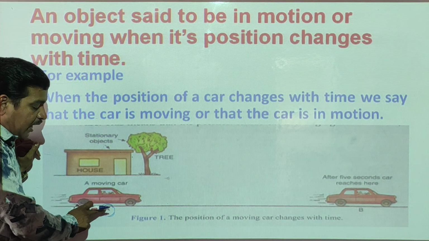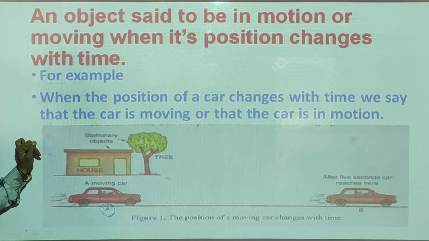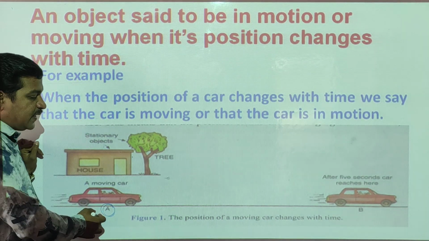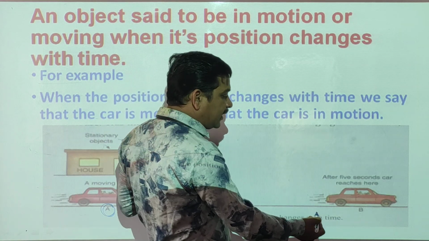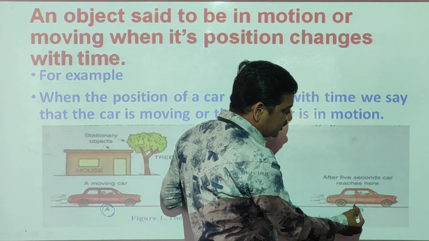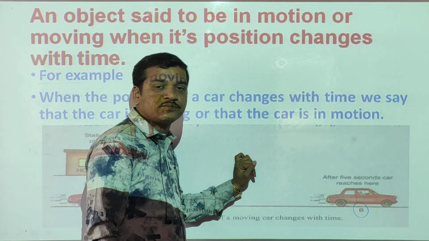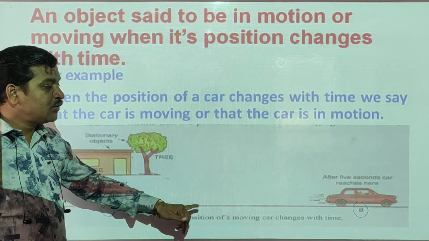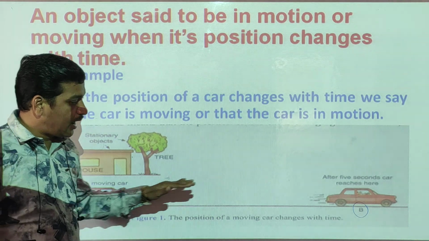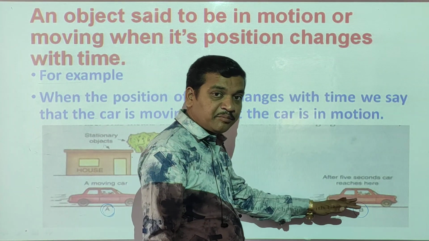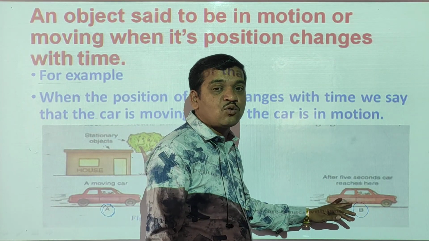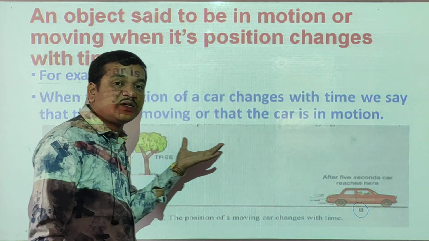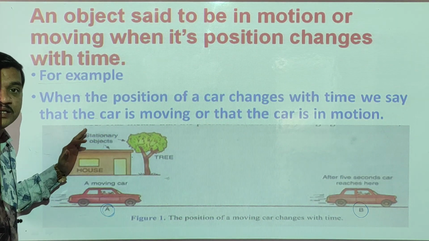Now after a few seconds, you can observe that the car is at B position. After a few seconds you can see that the car is at B position, which is quite far away from the house and tree.